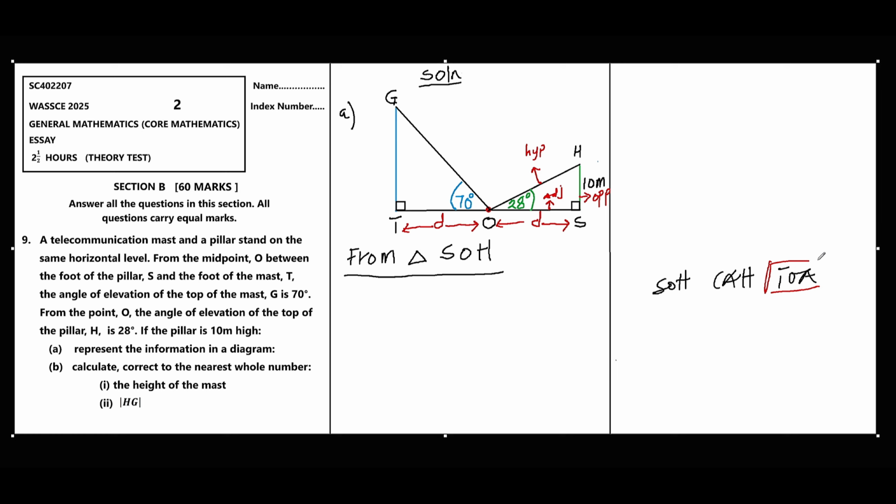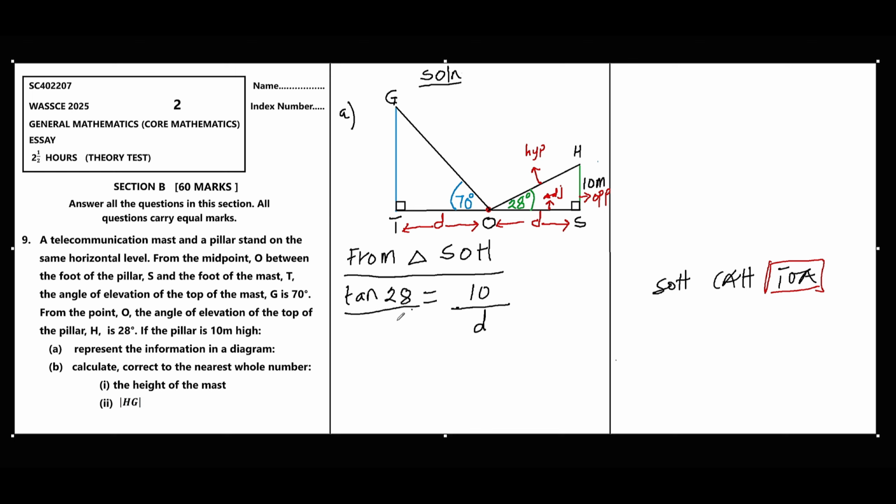And then TOA says that the tan of the acute angle, so the acute angle in triangle SOH is 28 degrees. So tan 28 is equal to the length of the opposite, line SH, that is 10 meters, divided by the length of the adjacent, which is D. So let's solve for this.